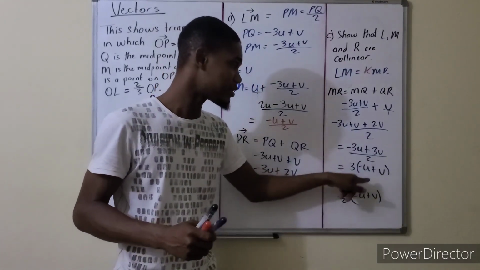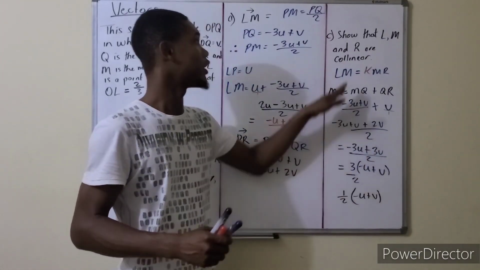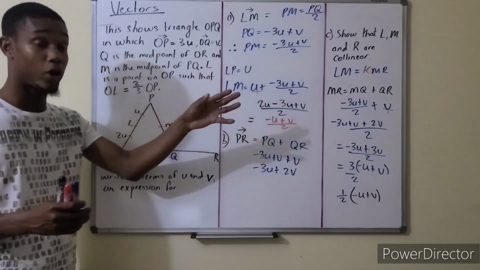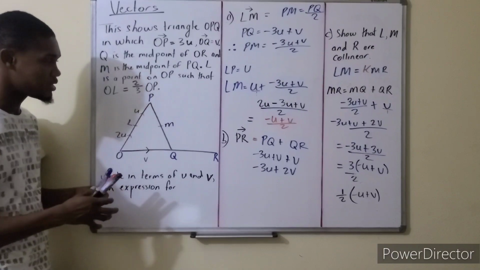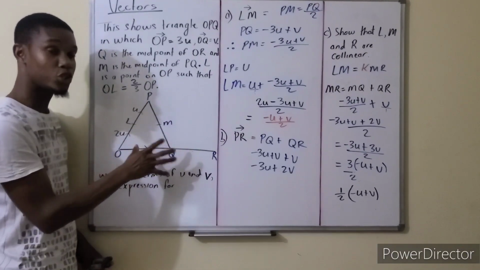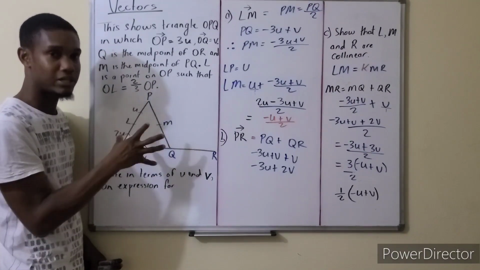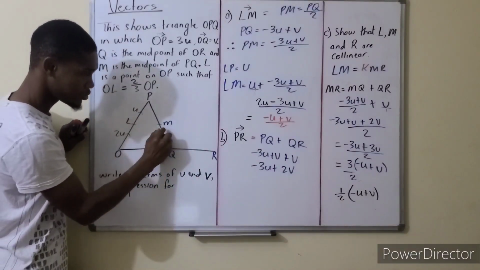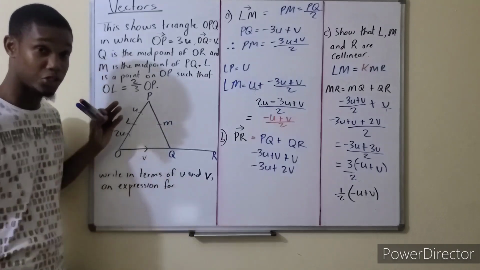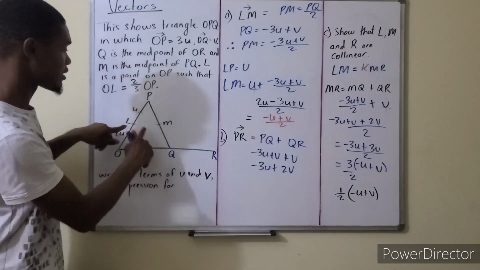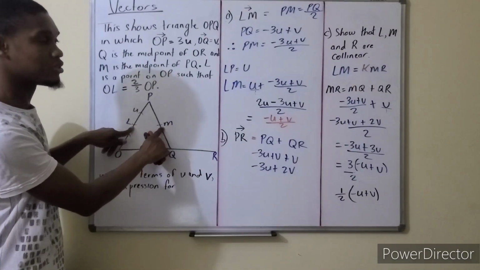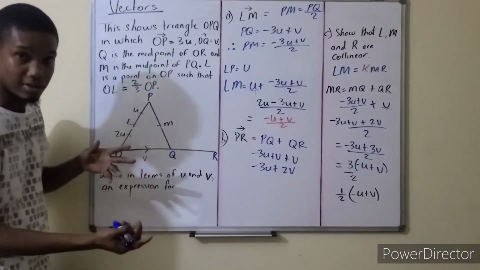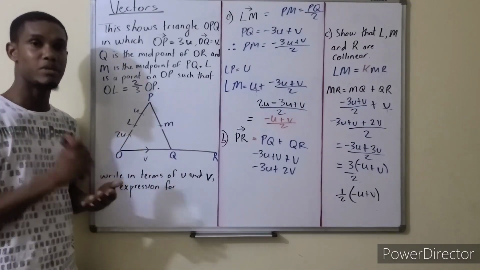Therefore, because these are the same and this is a scale factor, it has proven that these three points are collinear. If this was drawn accurately, to scale, and you got a ruler and drew from L to M to R, you'd get a perfectly straight line, and the distance between L and M is going to be a third of what L to R is. So that's what it means to prove collinear.